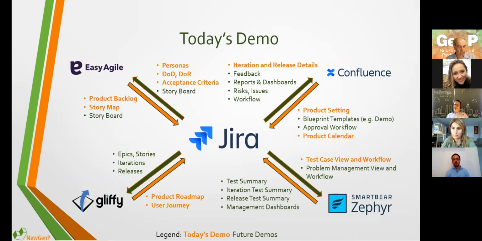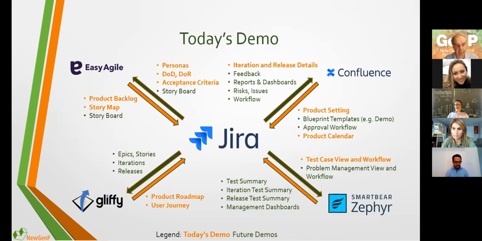The Easy Agile plugin gives you integrations with Jira to manage information such as the personas, the definition of done, the definition of ready, and the acceptance criteria. Easy Agile will also help you with your story map and manage your product backlog. That's why the analogy that I used is the steering wheel.